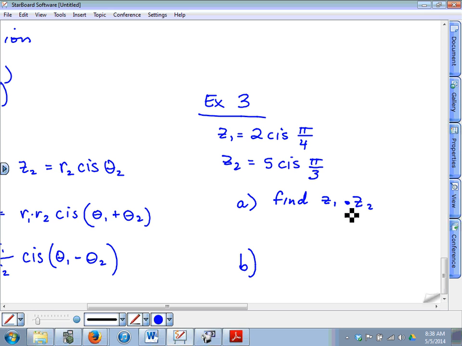Just practice this theorem. So find the product of those two complex numbers and then find the quotient of those two complex numbers. Multiply them and divide them.